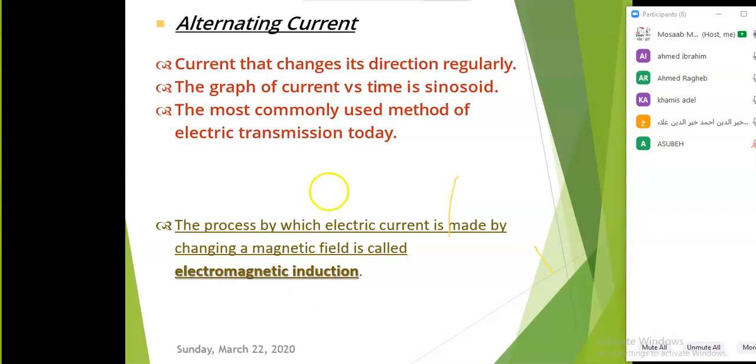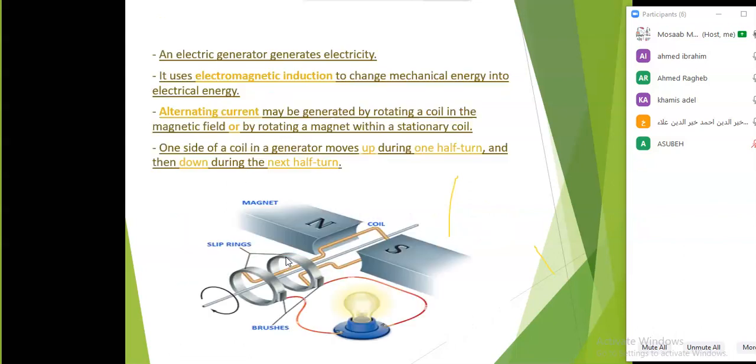It's when an electric current is made by a changing magnetic field. Or we have another definition: electric current is generated by a generator. It is the same definition, no difference. Electric current is made by a changing magnetic field.